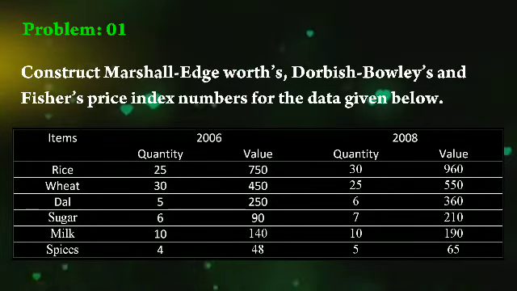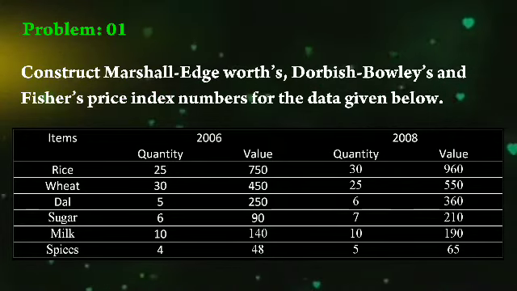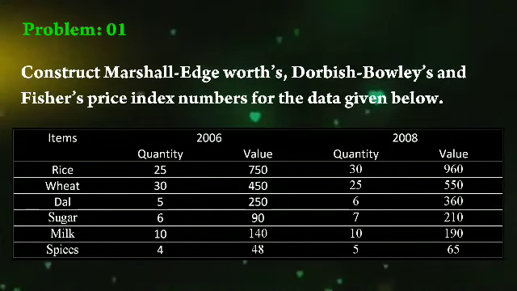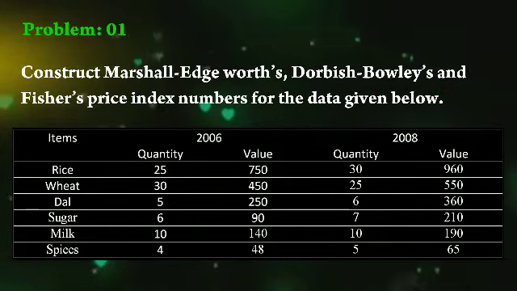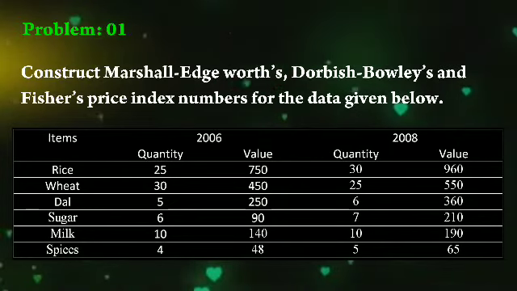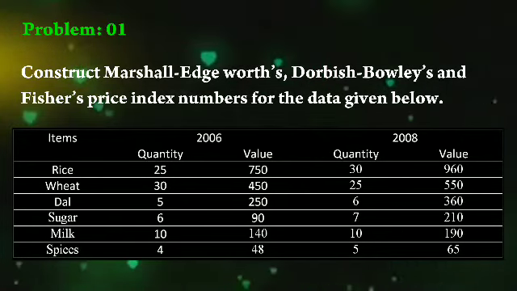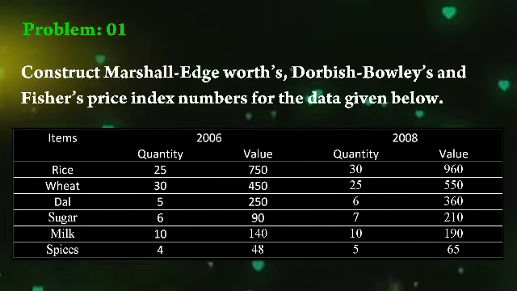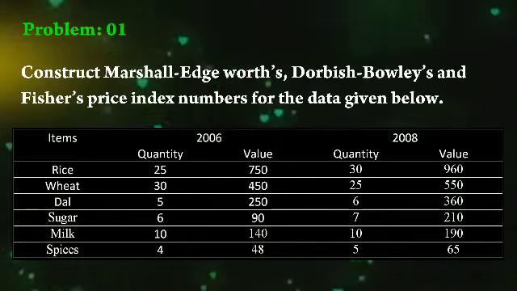So for the base year, P0 equals P0 Q0 divided by Q0, and for the current year, P1 equals P1 Q1 divided by Q1. Based on these values, first compute the two sets of price values and then find the remaining two products based on which the index number has to be constructed.